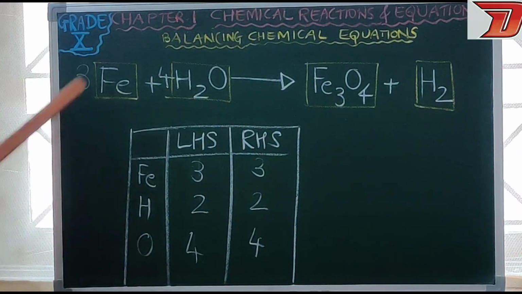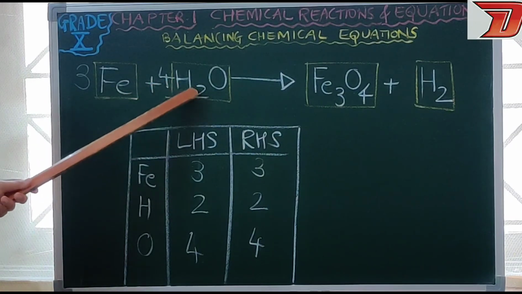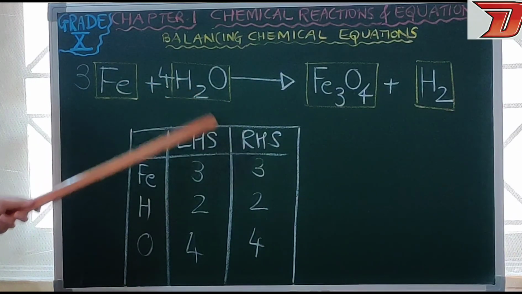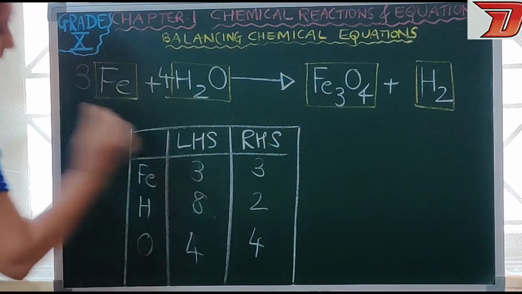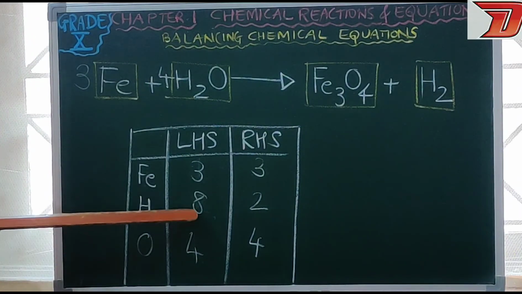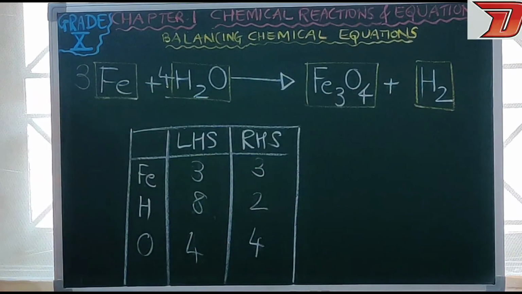Right. Now let us see the number of atoms on the left side. 3Fe. Yes. Now the number of hydrogen atoms has changed. It has become 4 2s are 8. But the number of hydrogen atoms is different over there.